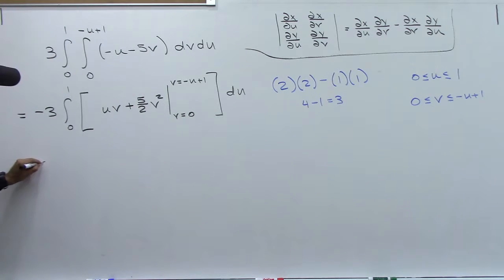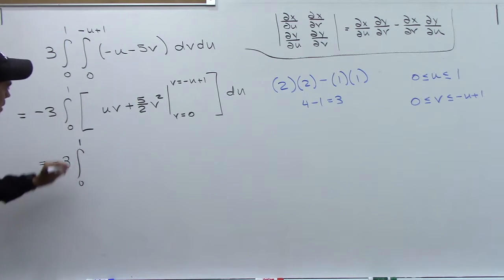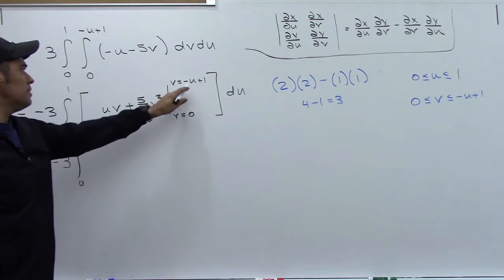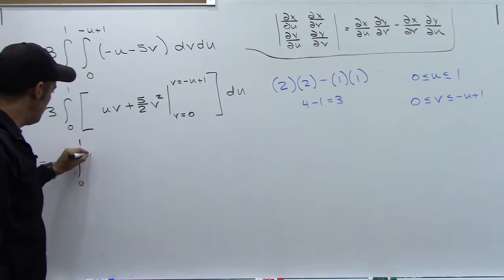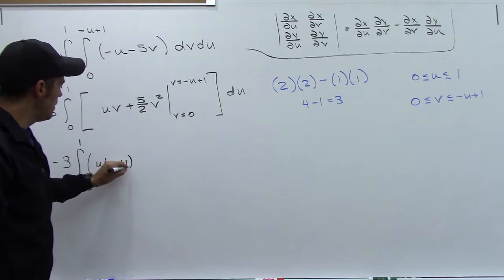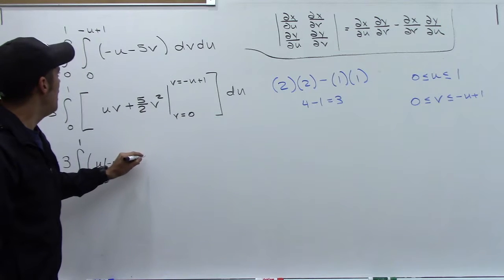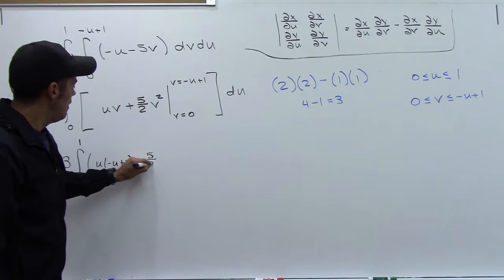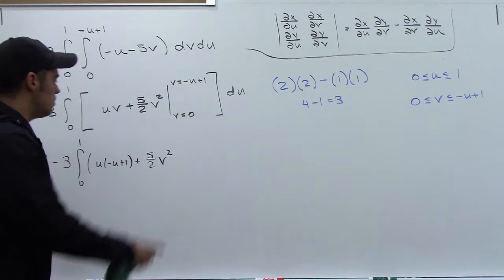So we've got negative 3, integral 0 to 1, and then let's replace v with this. So I get u times negative u plus 1 plus 5 halves v squared. Nothing gets replaced in there.